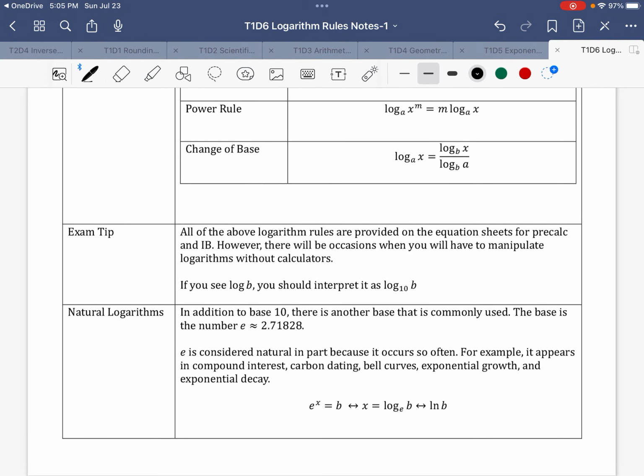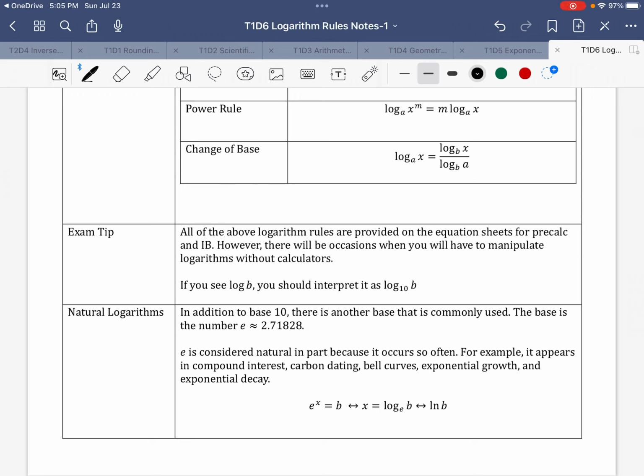However, if you take IB analysis next year, there are times where you will have no calculator sections of tests or questions, and it's pretty common to have some logarithm questions that are no calculator. Additionally, if you see log b and it doesn't specifically indicate the base, you should interpret it as base 10, so log base 10 of b.